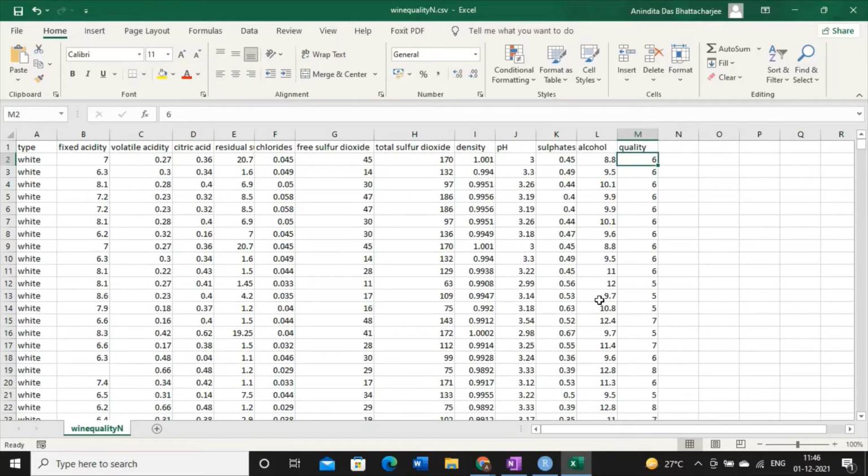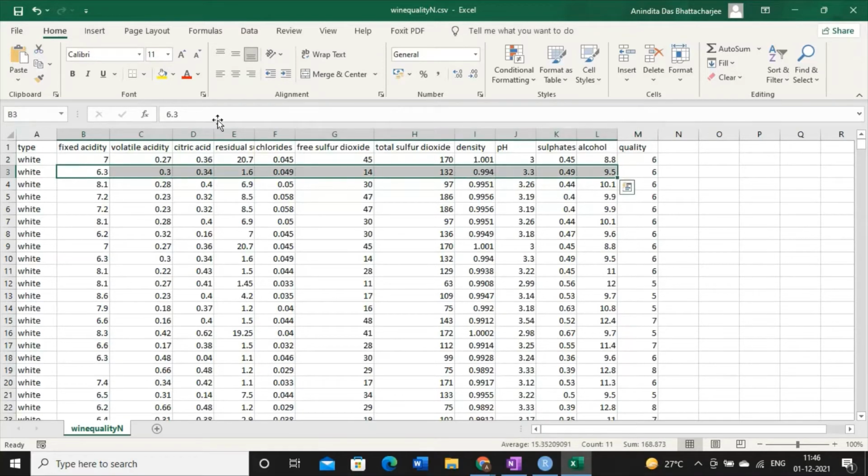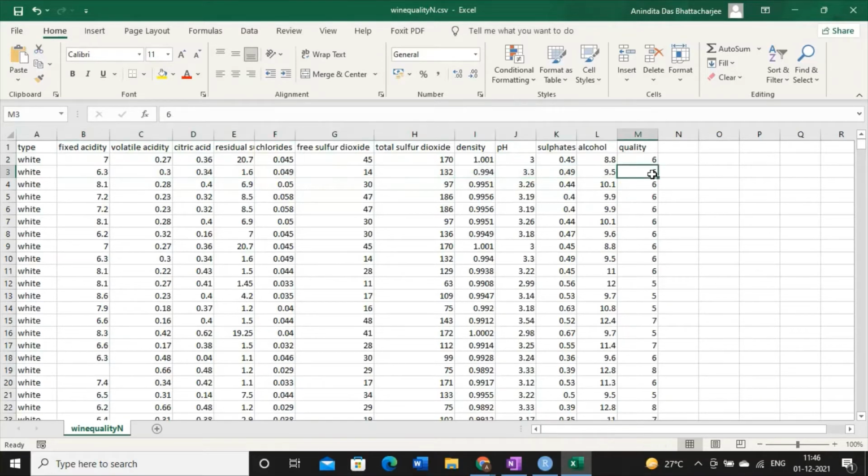If these are the types of inputs, then the quality of wine is type 5. So for what kind of input, what kind of wine quality we get is given. Whenever the target is given with respect to the corresponding features, it is known as supervised learning. So this guideline is given to us.